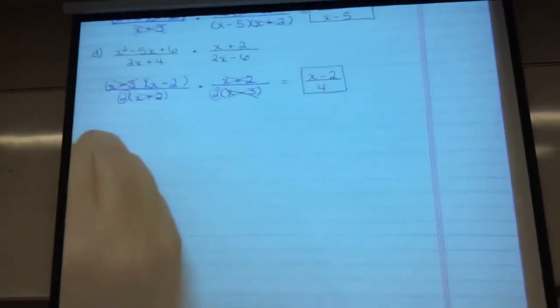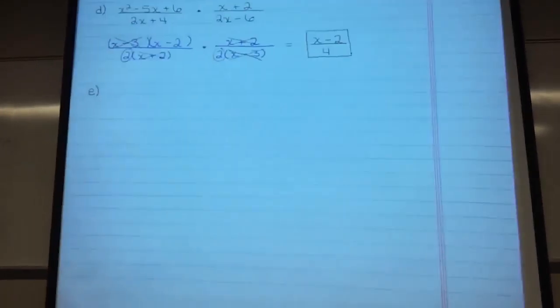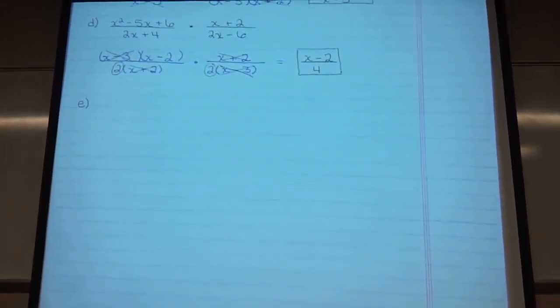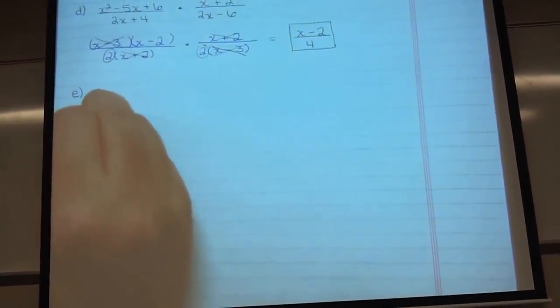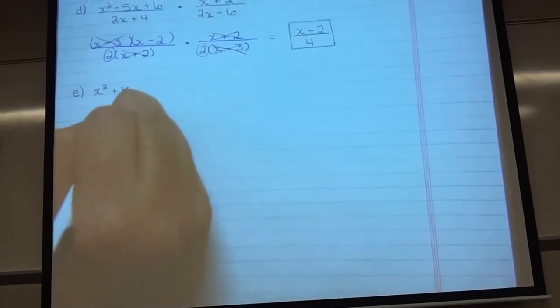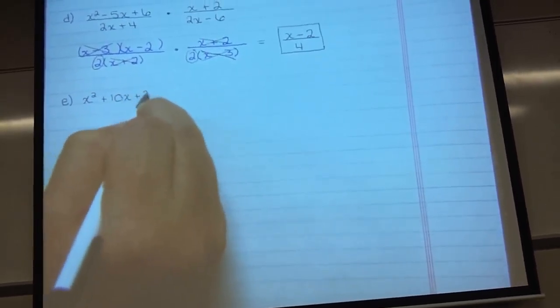This one's a division problem. Alright, 2 x squared plus 10x plus 24.